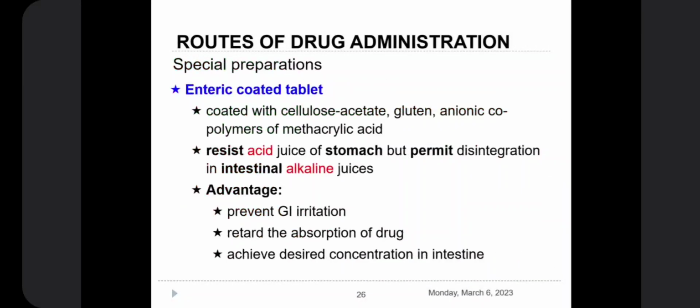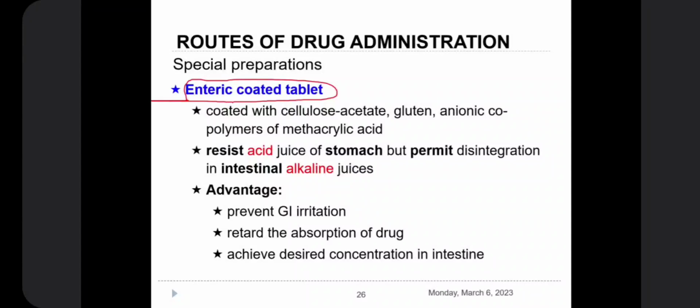Okay, this is about oral administration and some special preparations for it. We can use some special preparations to solve the disadvantages of oral administration, like the enteric coated tablet. What does this name mean? It means the drug is in the tablet, and it will dissolve not in the stomach but in the intestine.